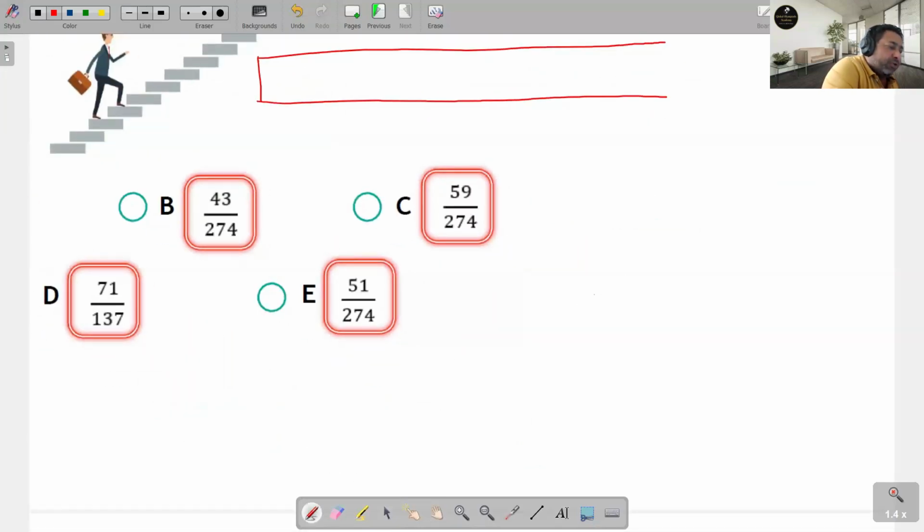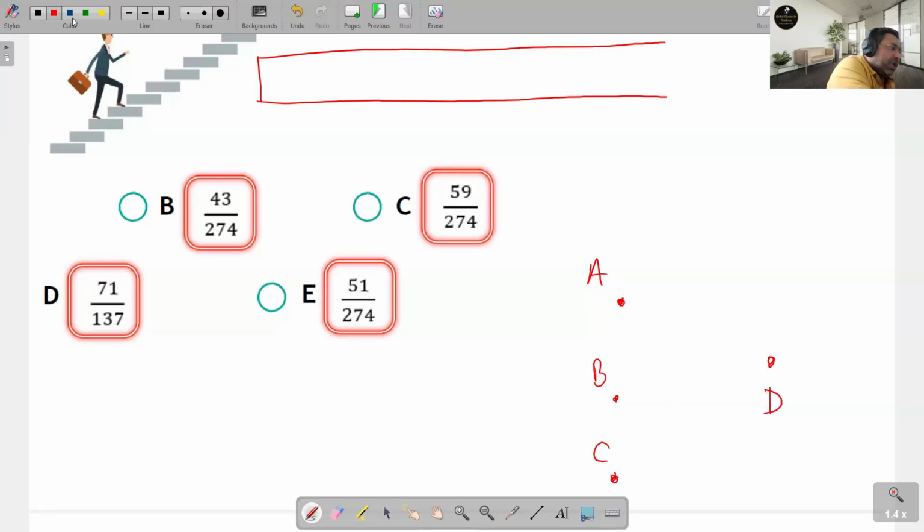Let's say there are 3 points here, A, B, and C, and there's another point D here.